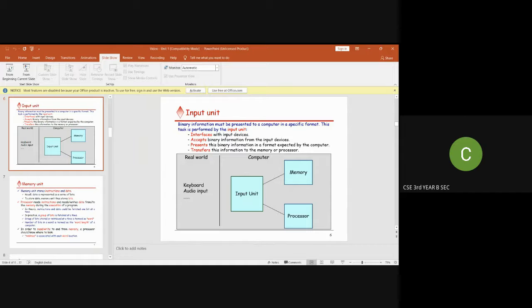Or if I have to perform some operation, this input information should be given to the processor. So either one of them, either given to the memory or the processor, should be done by the computer.